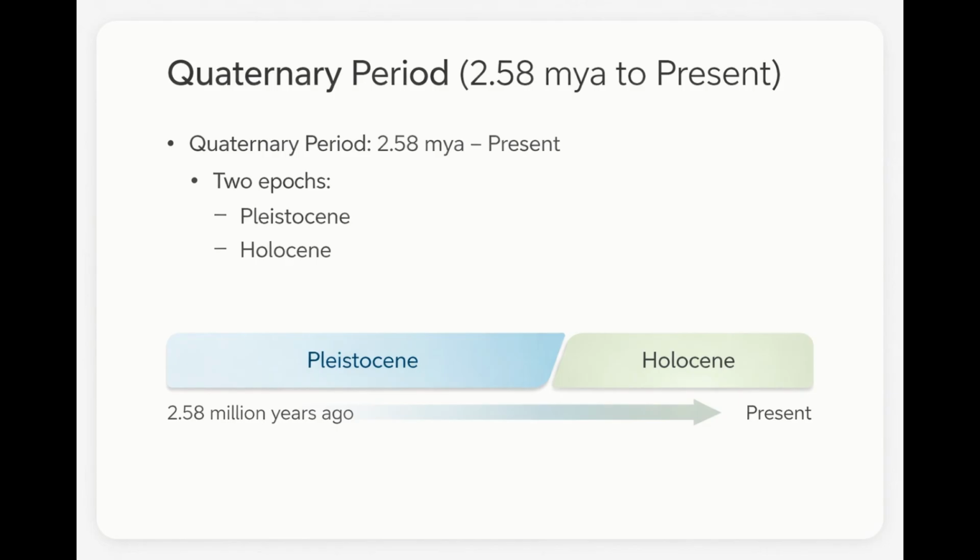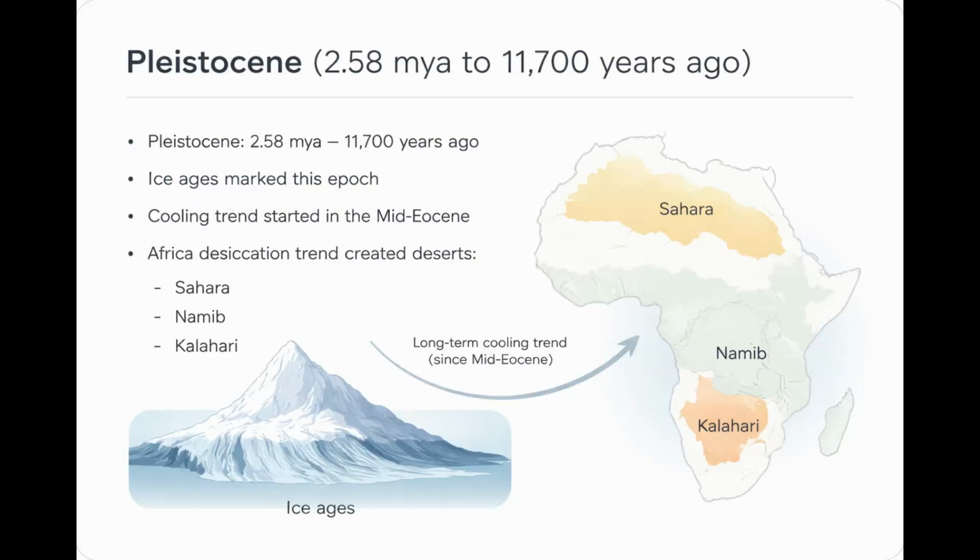The Quaternary is divided into two epochs, the Pleistocene and the Holocene. This is the part of the timeline most directly connected to recent climate cycles and the evolution and spread of modern humans. The Pleistocene runs from 2.58 million years ago to about 11,700 years ago.